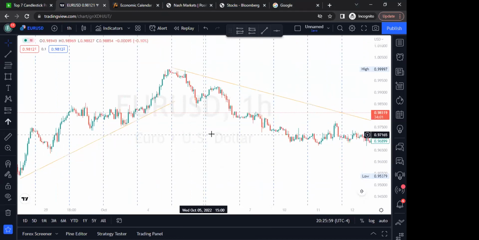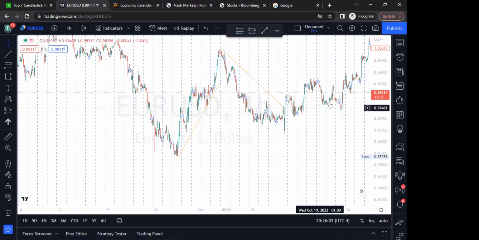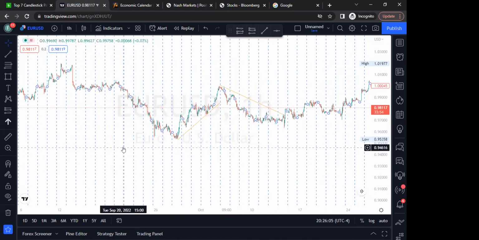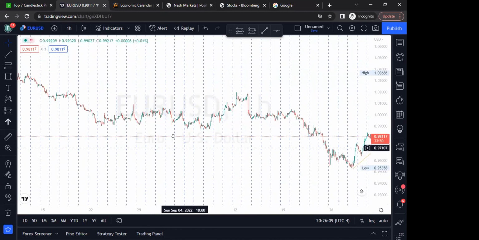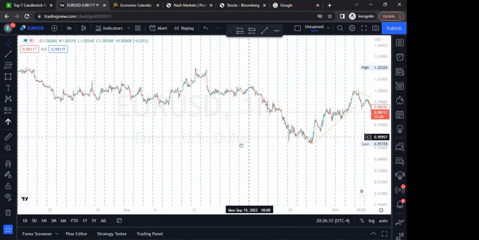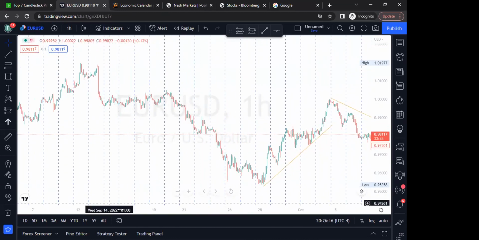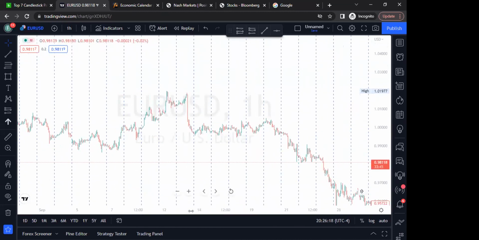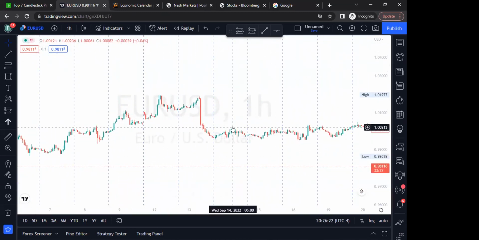All righty, let me find a consolidated market. One second. Well, we can actually call this one a consolidated market as well. This is perfect. All right, so this area that I'm about to put a box around is what we call consolidation.